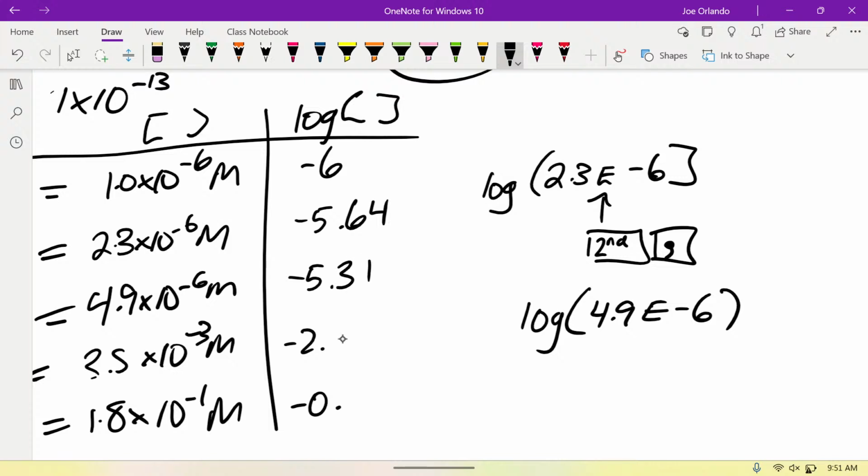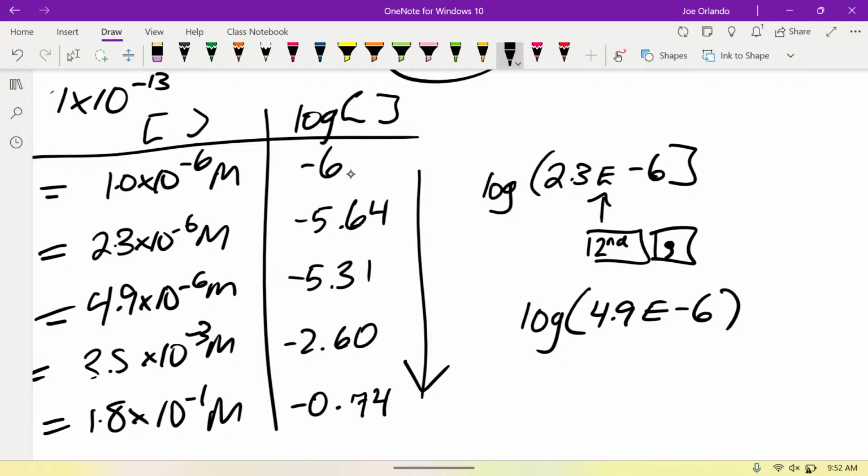Okay. And then this one is going to be negative 2 point something, probably high, like 2.6, 2.7. 2.60. Great. And this one is going to be 0.9-ish, 0.8-ish. What is it? 7.4? Okay, cool. All right.